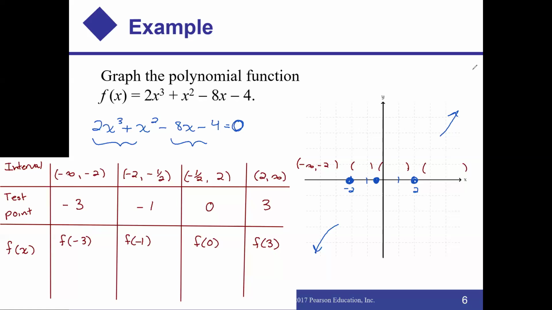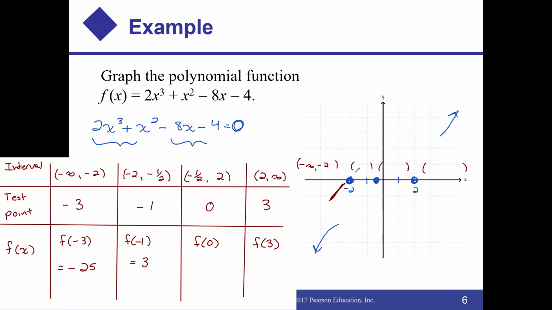Okay. So I've got a little chart helping me here. f of negative 3 would give me negative 25, so I know that on this interval, I have to be in the negative area. So I'd have to be somewhere down here. Then next, we'll test negative 1. f of negative 1 is going to be 3.